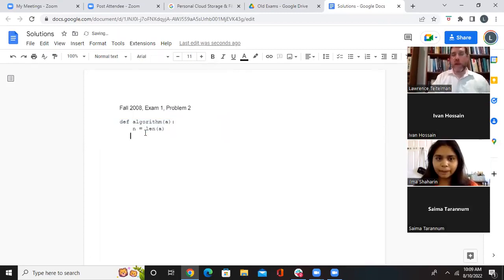All right, so what do we do? How do we get a subproblem that's half the size? It doesn't even matter what the subproblem is. So we could say B equals A from 0 to n divided by 2. Probably a good idea to do an int there. Okay, so now we have a problem that's half the size.